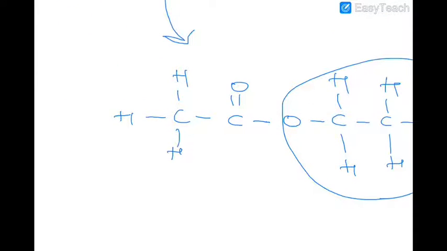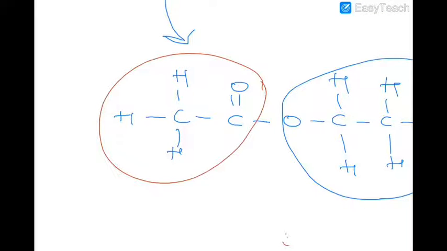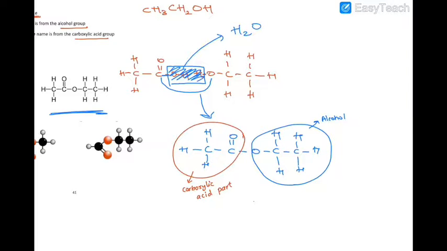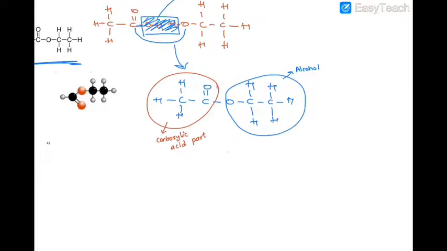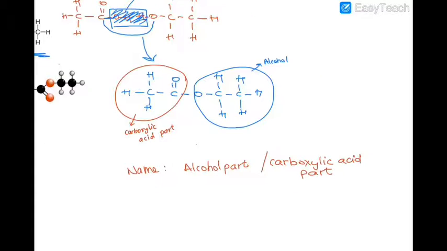And the part that is attached to the C double bond O here, this is the carboxylic acid part. And whenever you're naming an ester, you will always start with the alcohol part, then the carboxylic acid part, and finish by -oate.